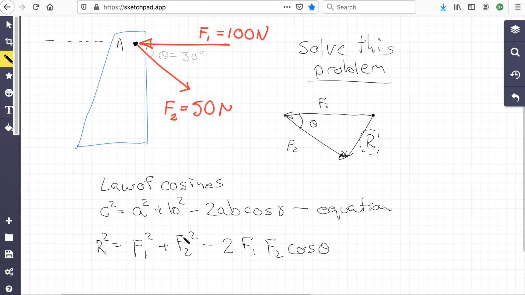That's how we can solve for R. It's as simple as that. We do not have to break F2 into any components; we just have to know the angle between the two vectors.